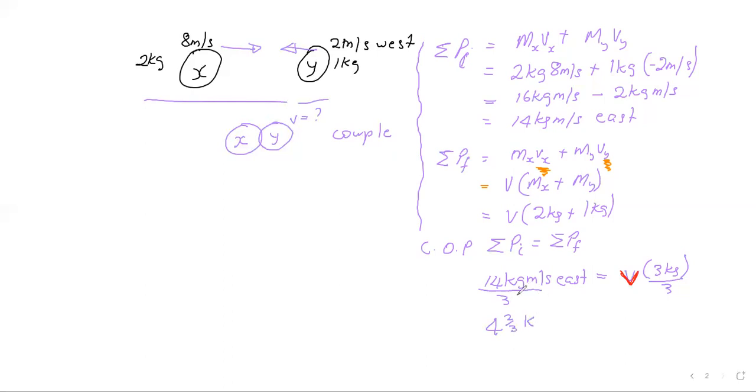Kg will cancel with kg here, so we end with meters per second as the velocity of the system. So the whole system will move at 4.67 meters per second east.